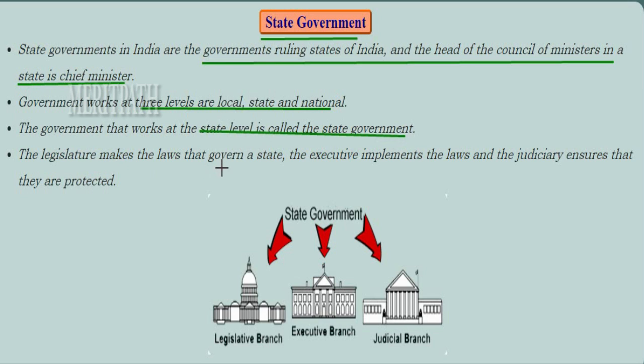Here the legislature makes the laws which govern a state. The legislature decides the laws that will rule over a state, the executive implements the laws, and the judiciary ensures that people and the state are protected. The judiciary means all the people, lawyers, courts, judges, advocates, who together come under the judiciary, including the state level high court.